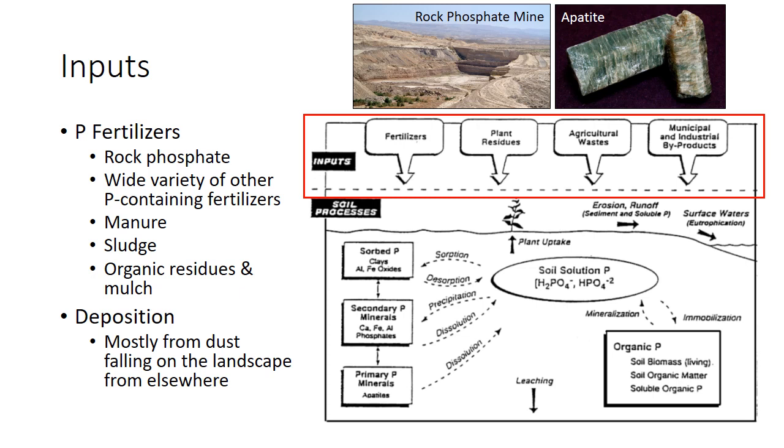Apatite is mined from large mines, usually open cut mines, like you see at the top. Then this rock phosphate can be processed further into different forms of phosphorus fertilizers, so there's a wide variety of fertilizers that contain phosphorus.